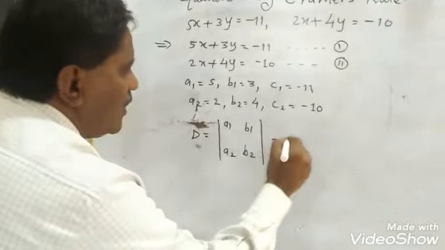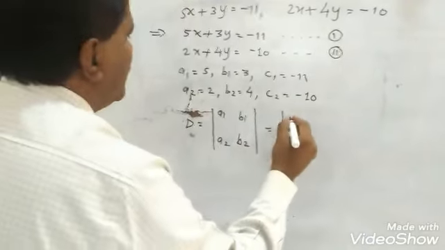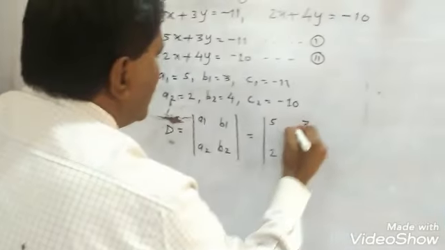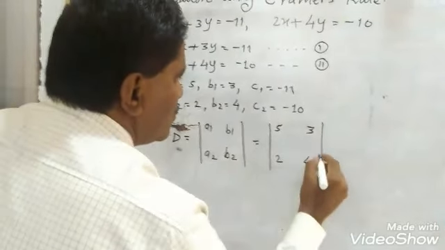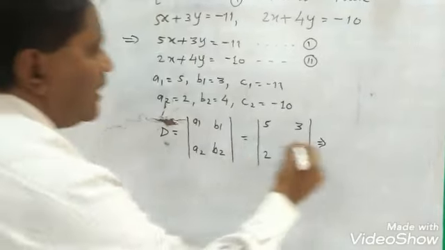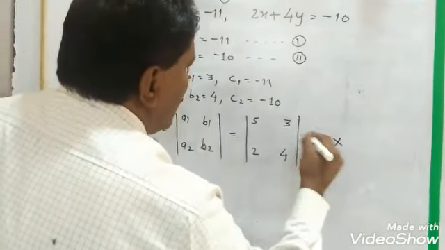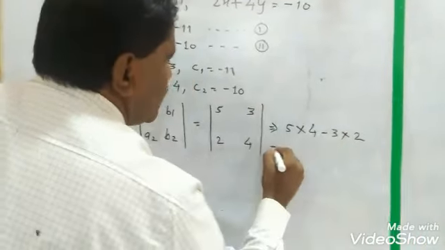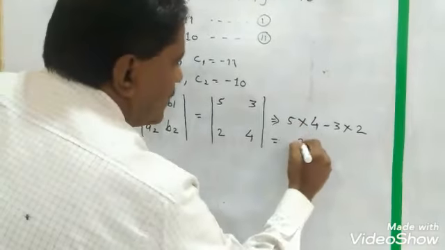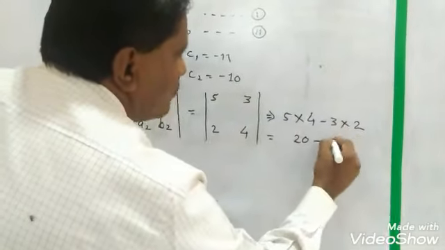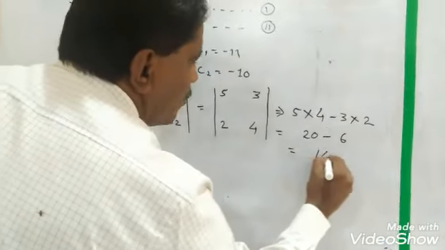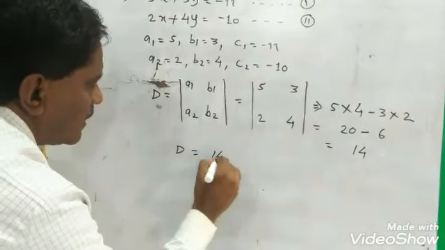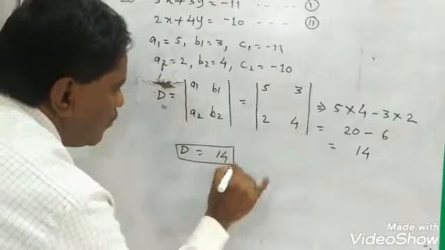Here a1 is 5, a2 is 2, b1 is 3, b2 is 4. So 5 multiplied by 4 minus 3 multiplied by 2 is equal to 20 minus 6, which is 14. So the value of D is equal to 14.